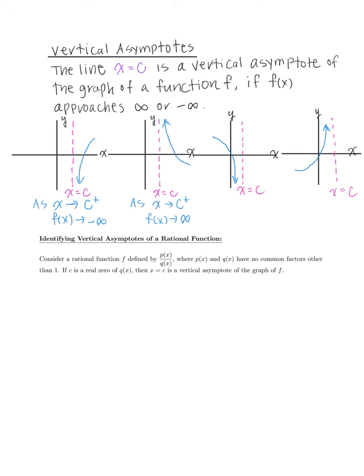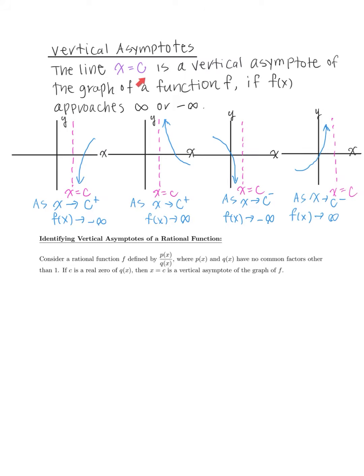Now the last 2 cases are where our graph is approaching c from the left hand side. So let's take a look at this one. As x approaches c from the left, the tail end of the graph in this case goes to negative infinity. And for the last case, as x approaches c from the right hand side, this tail end is going to go towards positive infinity.